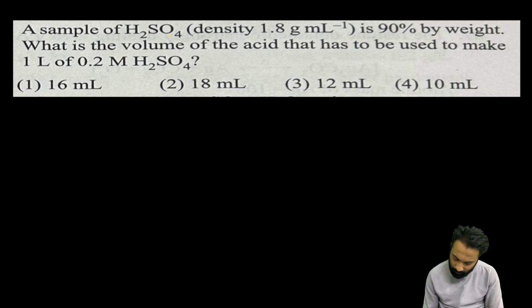See, a sample of H2SO4 density is 1.8 gram per ml and is 90% weight. 90% weight is nothing but weight by weight percentage only. Clear? What is the volume of acid to be used to make 1 liter of 0.2 molar H2SO4?